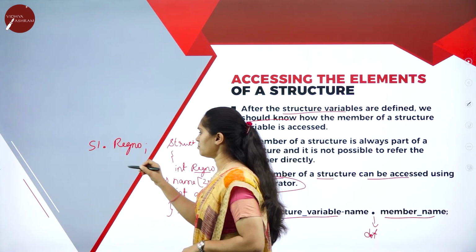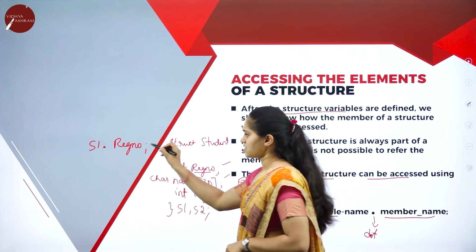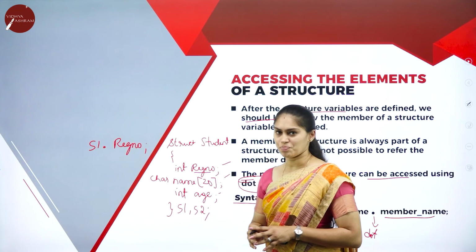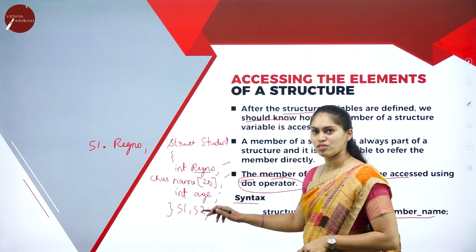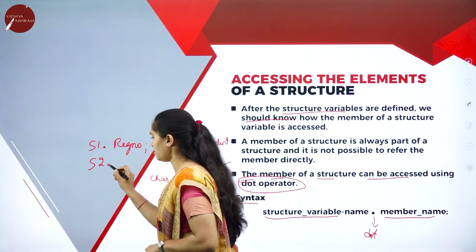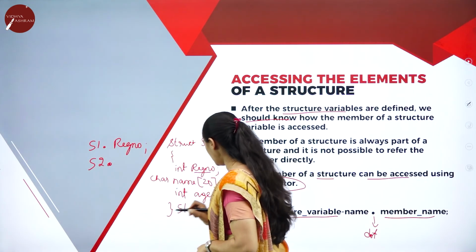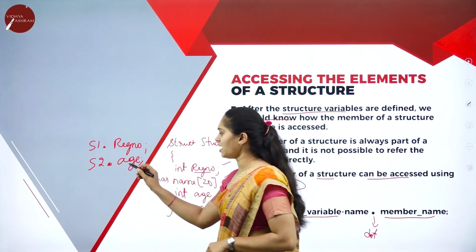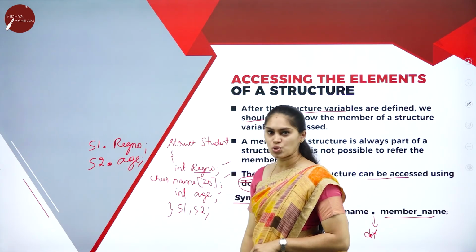When I access this, the register number of student 1 will be shown to the user. If I want to access the age of student 2, I write S2, the variable name, then the dot operator, then age. This will give me the age of the second student.